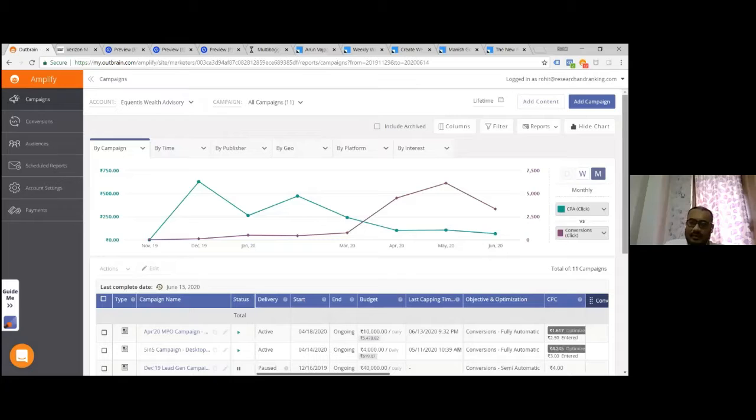Let me give you an example. I'm sure all of us are consuming content on Daily Hunt, on Times of India, on Economic Times, on Scoop Whoop, on several other websites.